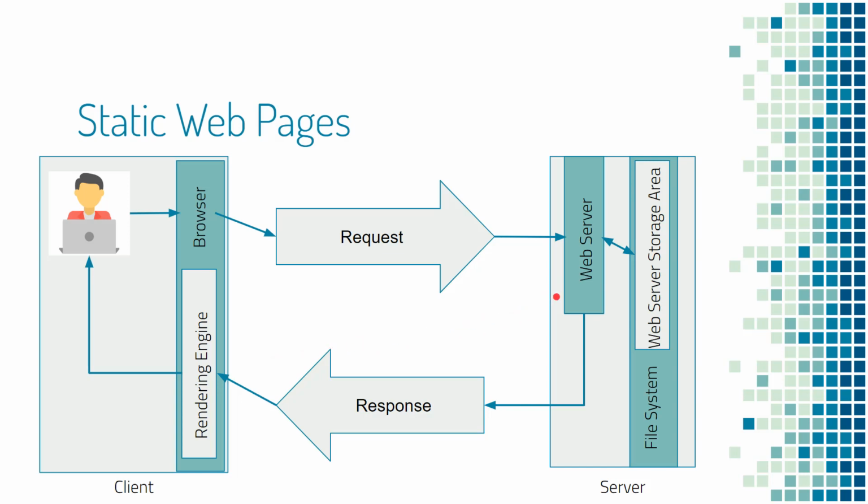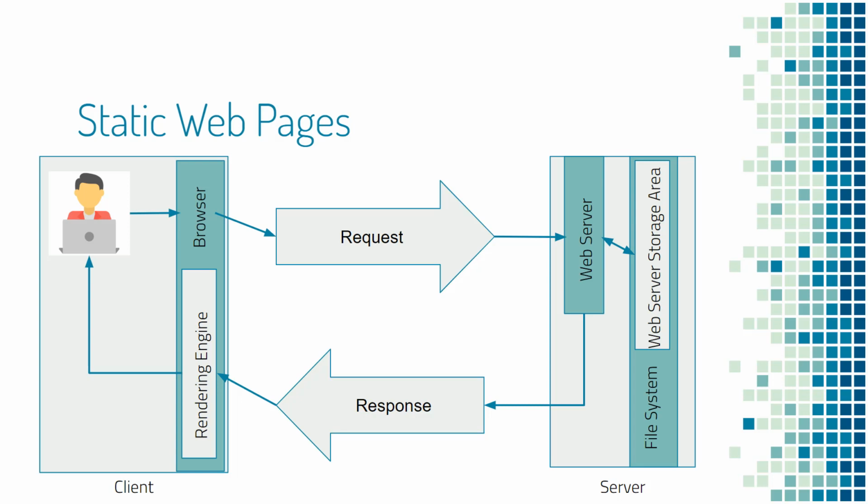In other words, static web pages are pre-built web pages stored on the server side, and whenever a request is sent by the client, the server just fetches these files and sends them back to the client. So there is no processing overhead. It just finds the file, and if the file is found, it sends it back in the response.